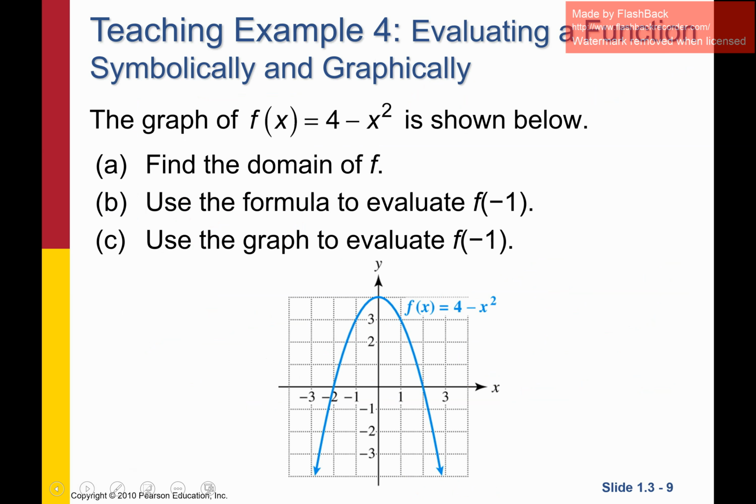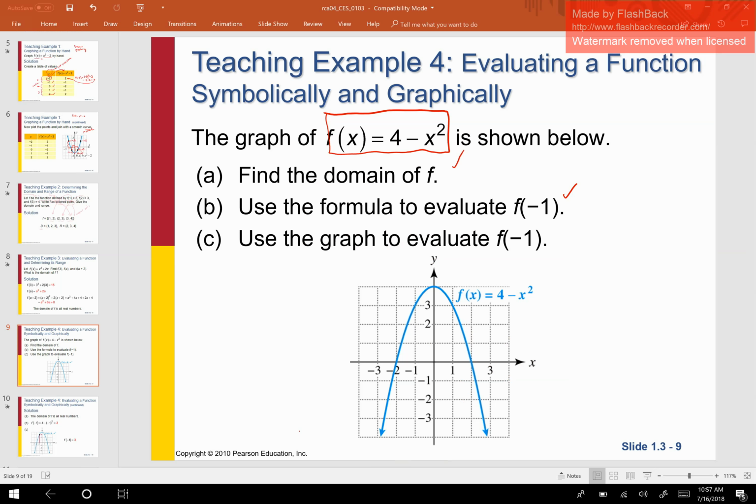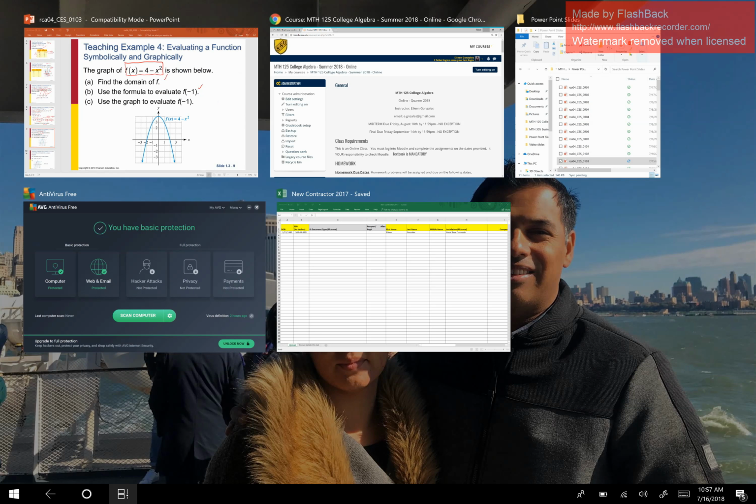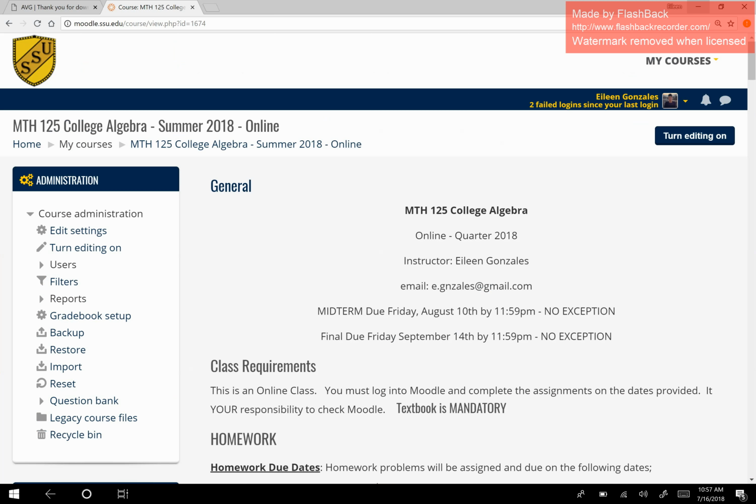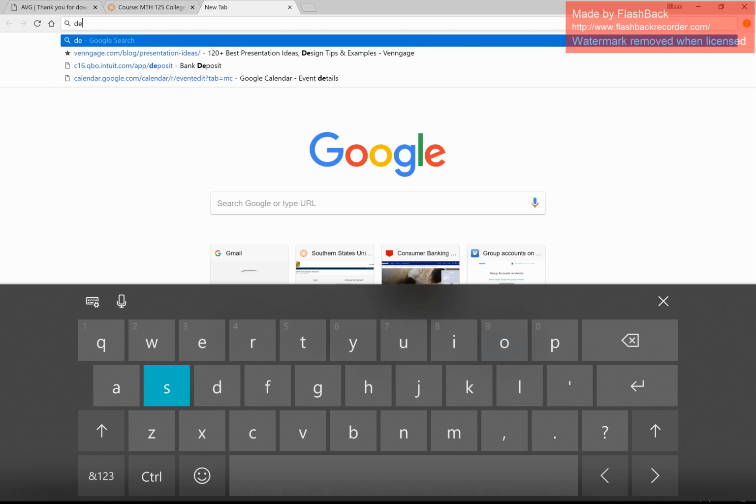All right, so we're going to graph this function, and we're going to find the domain, and we're going to evaluate some things. So here is a graph here. So what I'm going to do actually is get out of PowerPoint for a second. Let's keep all of our annotations, and we're going to go to the internet, and we're going to go to what's called Desmos graphing.